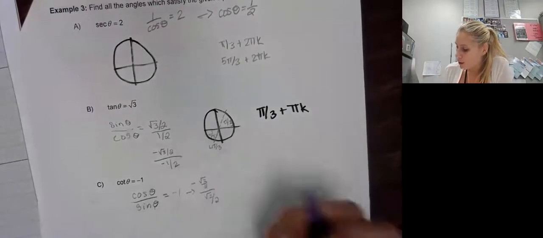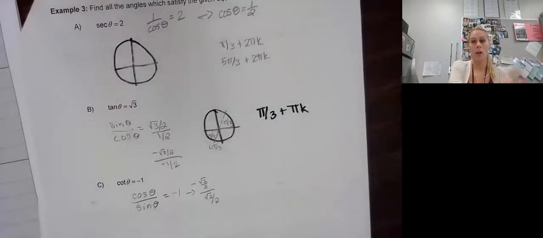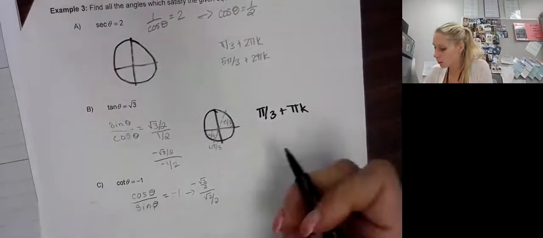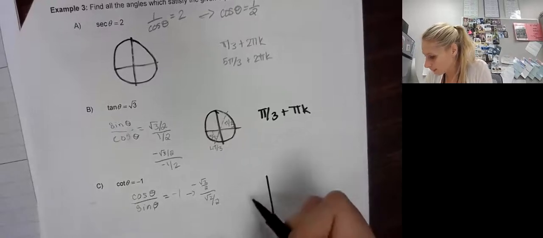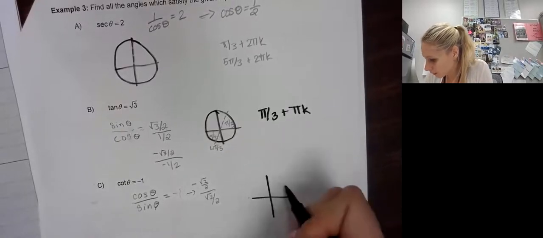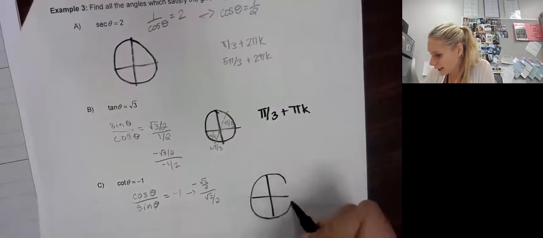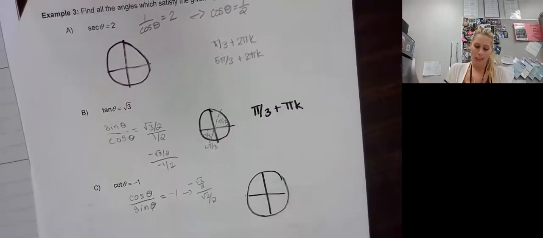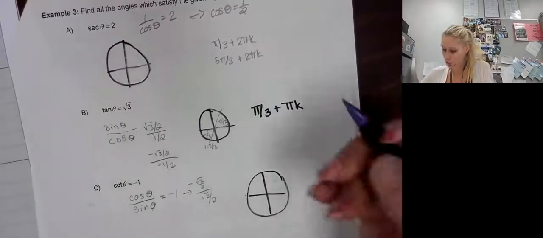So our first place on our unit circle where cosine is negative square root of 2 over 2, and sine is positive square root of 2 over 2, is right over here, right?